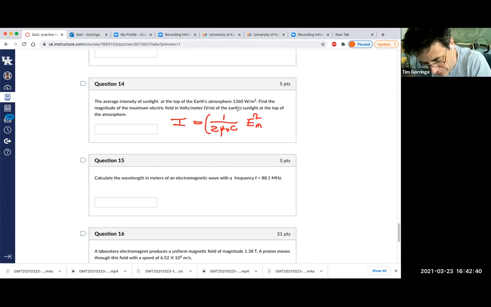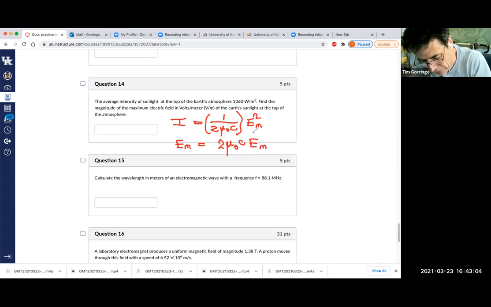And these are just constants, proportionality constants between the intensity and the square of the electrical field. In this case, we want the electrical field knowing the intensity. So we've just got to rearrange this equation. So I'm going to multiply through by 2 and mu naught and c.